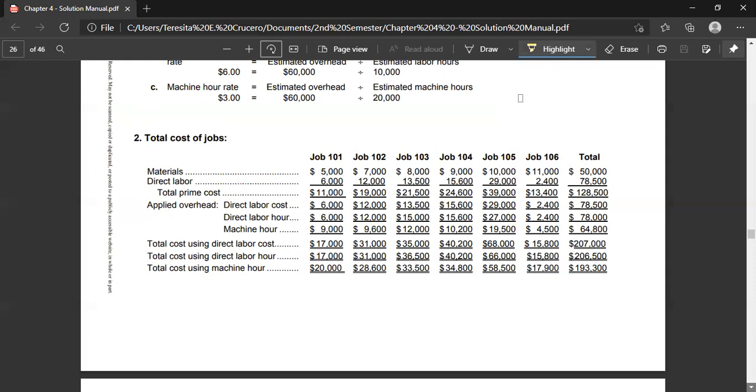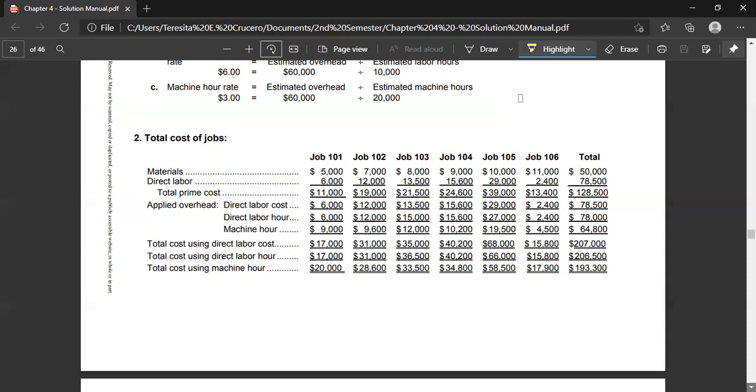Total material cost is 50,000. Direct labor cost total is 78,000. Then we have the prime cost, the total of material and direct labor. So we now apply overhead based on direct labor cost. How much is the overhead on job 101?